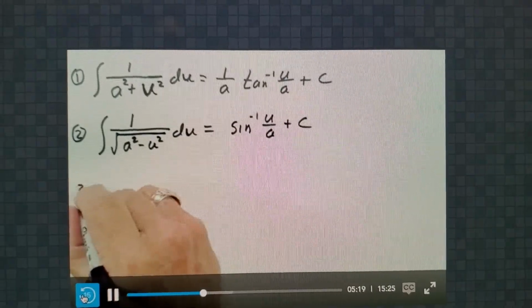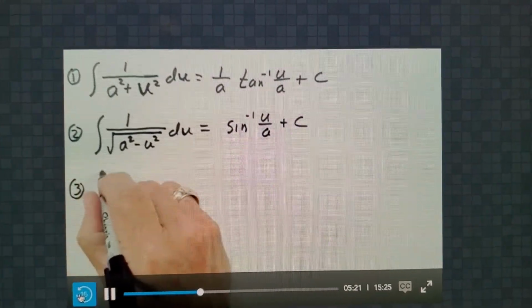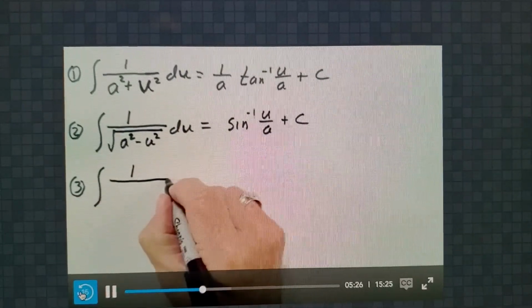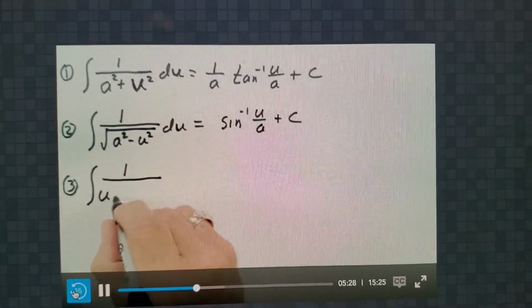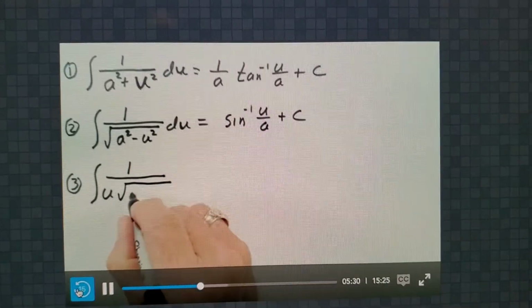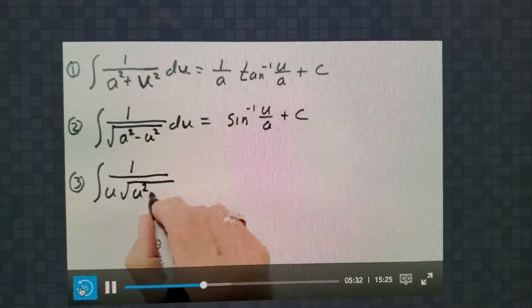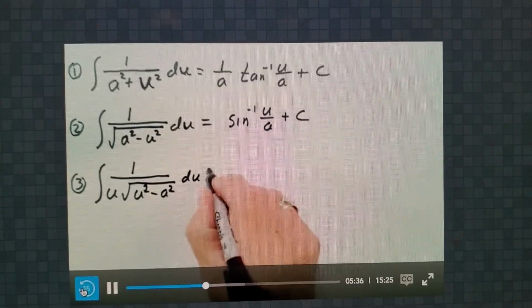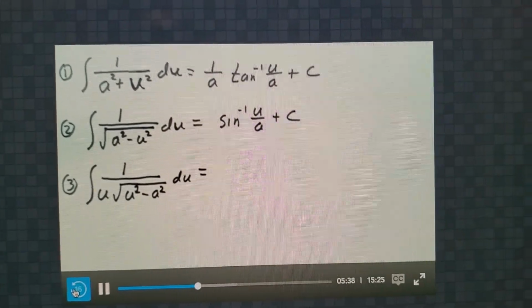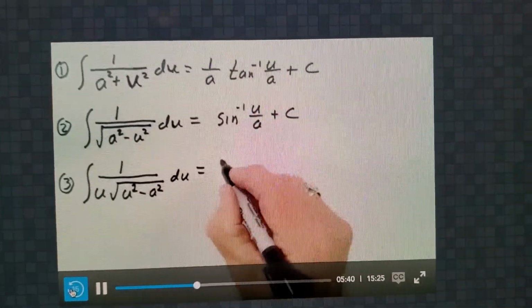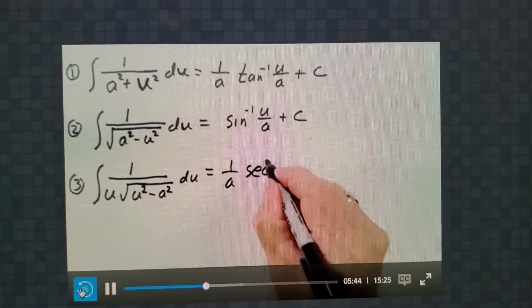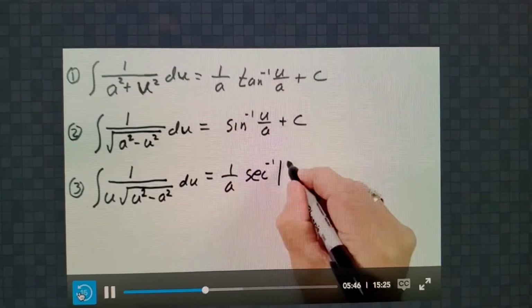And then the third one comes from the inverse secant function. If we have u times the square root of u squared minus a squared, then just like the first one, it's 1 over a, but now it's the inverse secant function, and those weird absolute value bars.